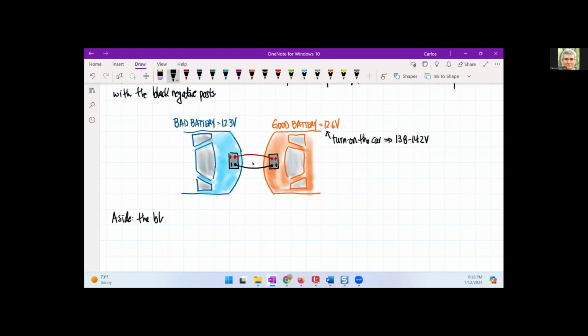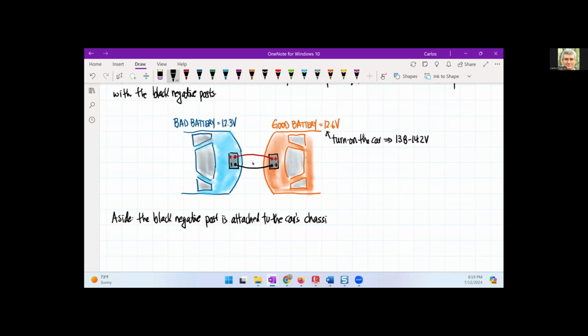The black negative post is attached to the car's chassis.